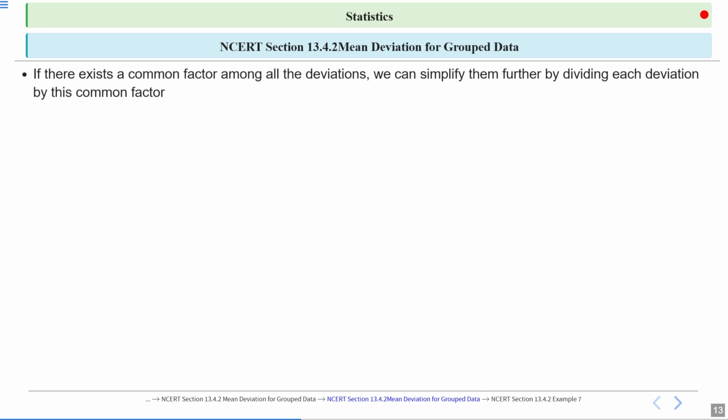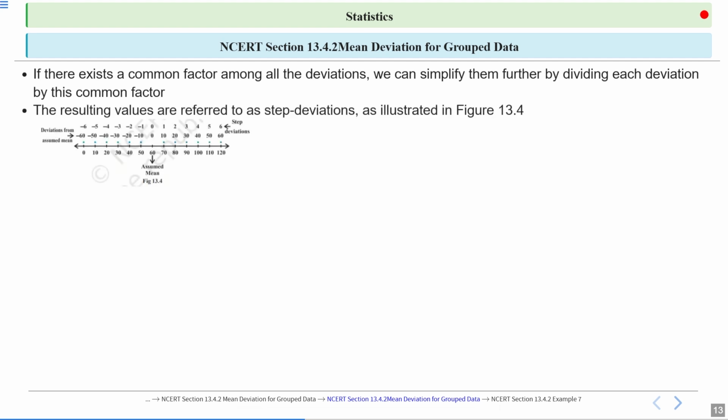If there exists a common factor among all the deviations, we can simplify them further by dividing each deviation by the common factor. Now, when we divide each deviation by the common factor, the new values we get are called step deviations. You can see an example of this process in figure 13.4.